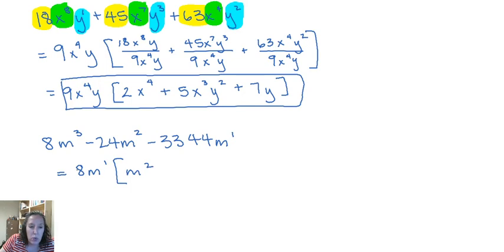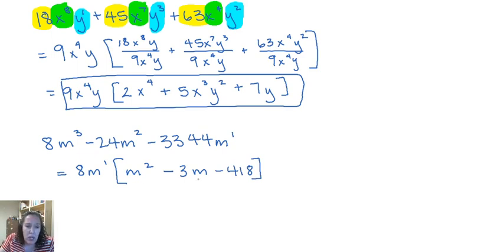Negative 24m squared divided by 8m is going to give us a negative 3m. And then negative 3344, we just saw on the calculator, is going to be 418. Since this is negative and this one's a positive, we'll have a negative there. And then m to the first divided by m to the first is just 1.